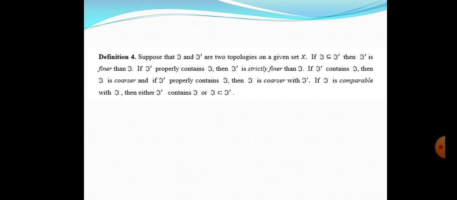If either tau dash contains tau or tau is contained in tau dash, then it is comparable.